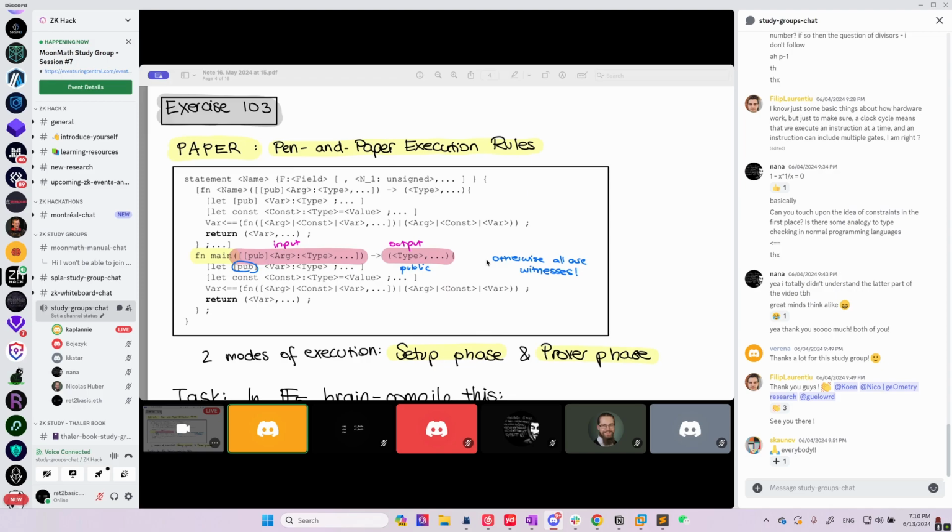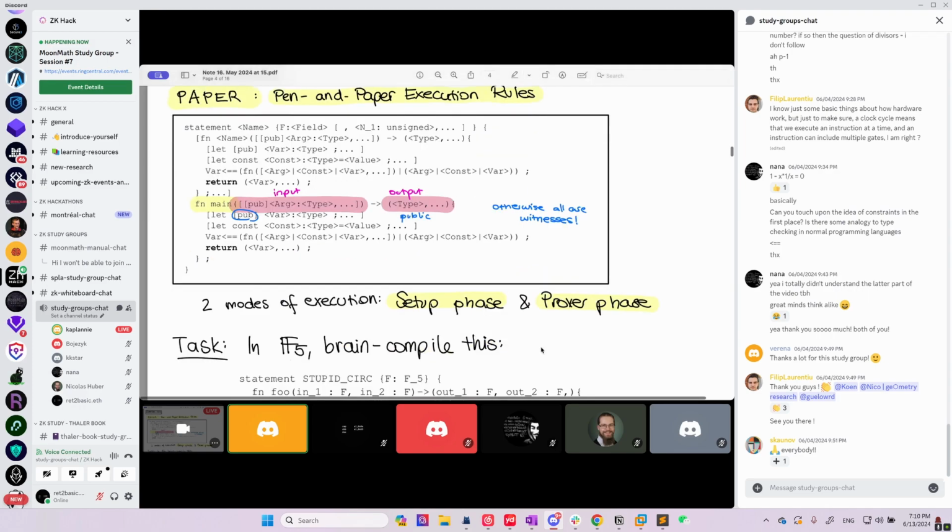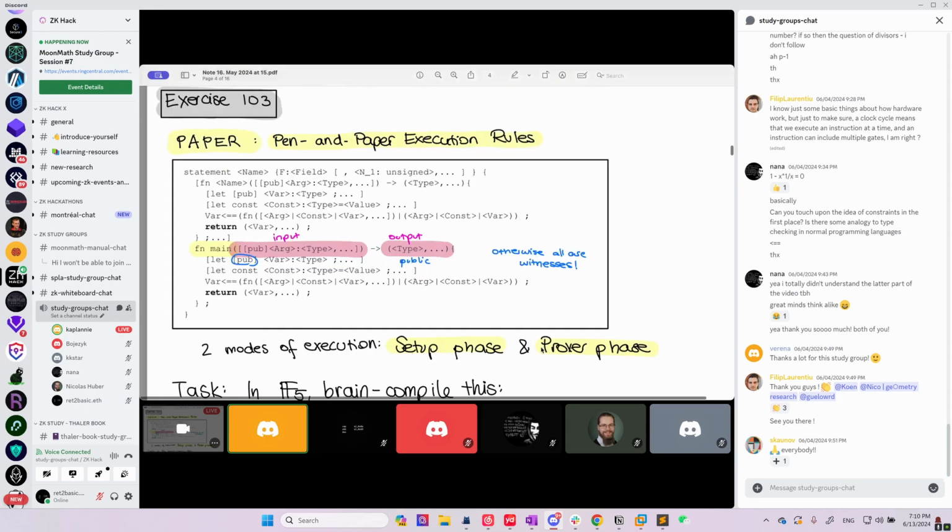Normally the idea is that with circuit compilers, once you set it up, you execute it to generate the circuit and the rank 1 constraint system, all of that. And then when the prover wants to generate a proof, you assign all the instance variables and values. So that's the idea behind this language, and we're going to talk about it for a bit. So let's look at exercise 103.